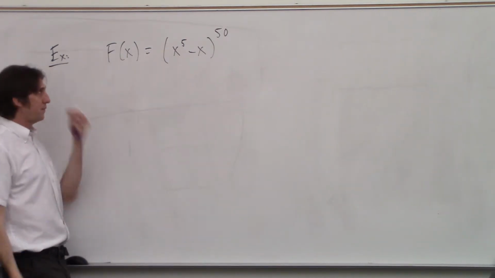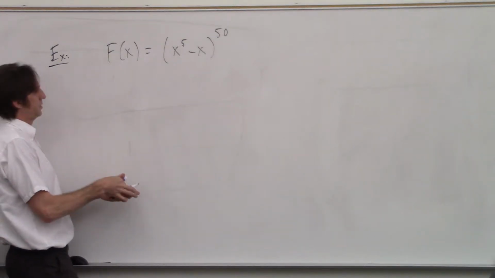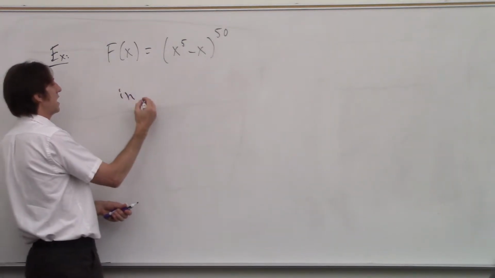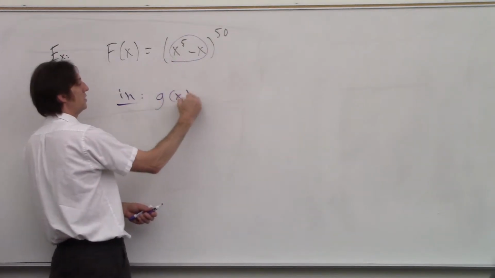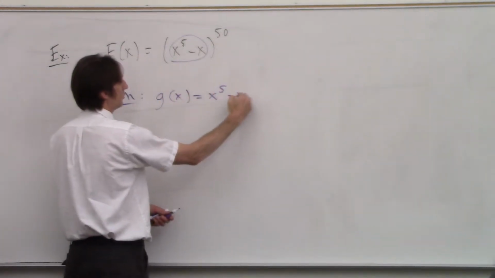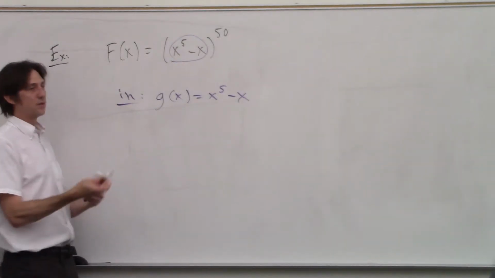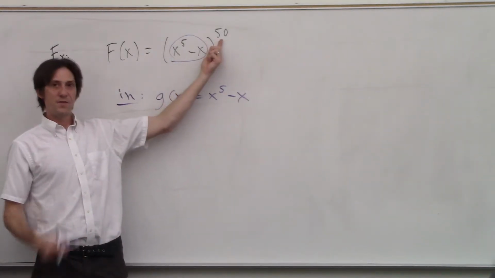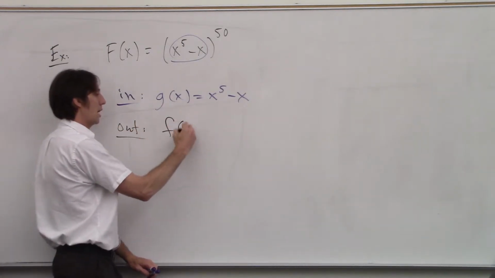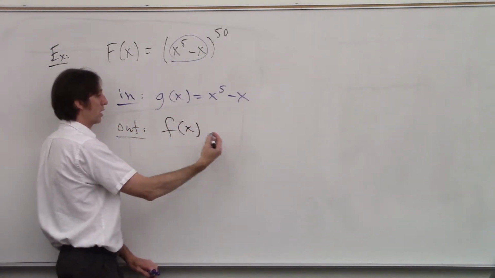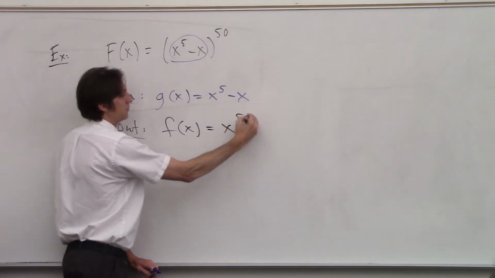Again, this capital F function is a composite. The inside function is inside the parentheses, and we're calling it g of x. That's x to the 5th minus x. The outside function is the 50th power function. Our notation for the outside function is lowercase f, and so that's x to the 50.